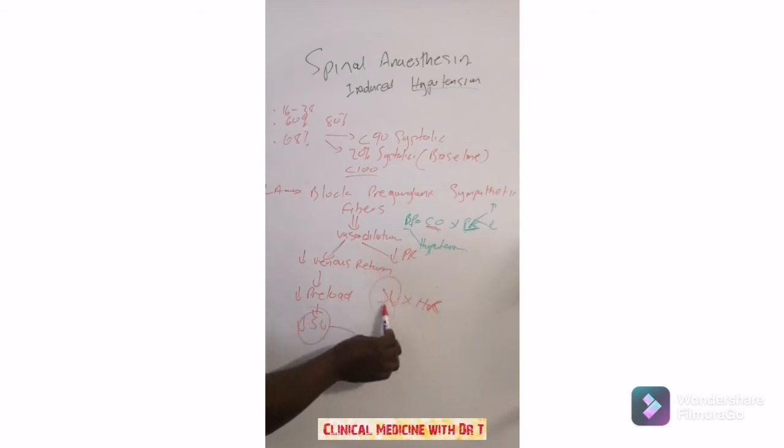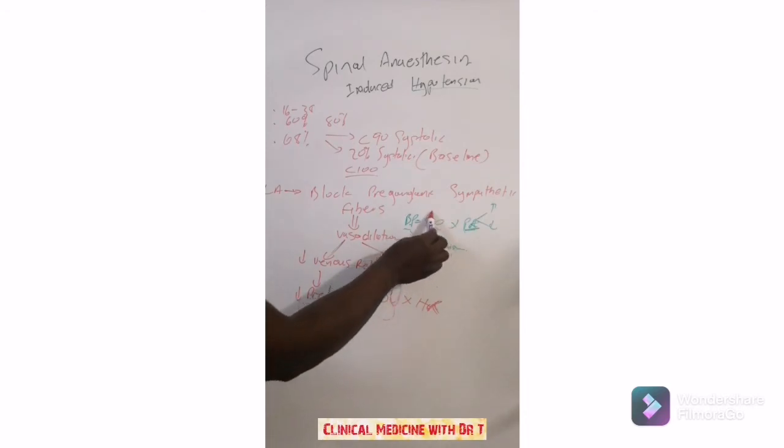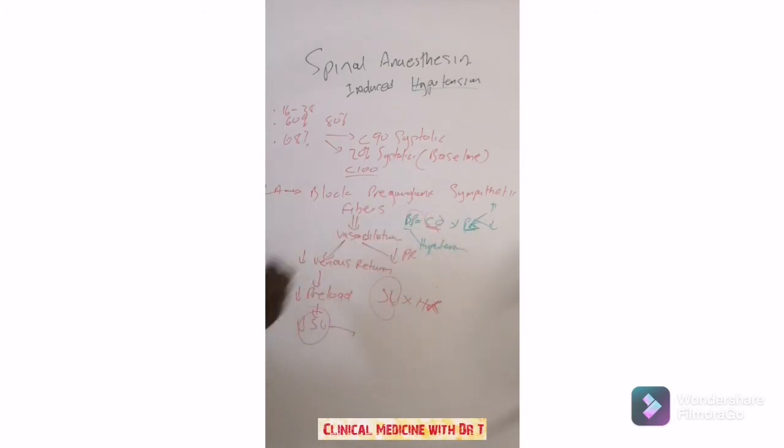So once you decrease stroke volume because you have decreased your preload, you decrease your cardiac output and then decrease your blood pressure. That's how you get the hypotension from spinal anesthesia. Those are the two ways. I'm sure there are others as well, but this one is the most common one that is explained.